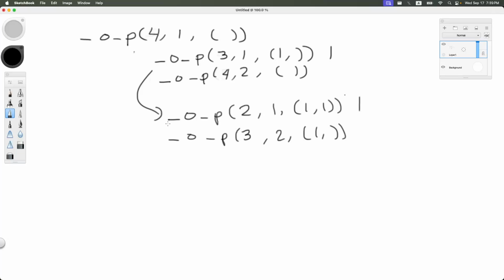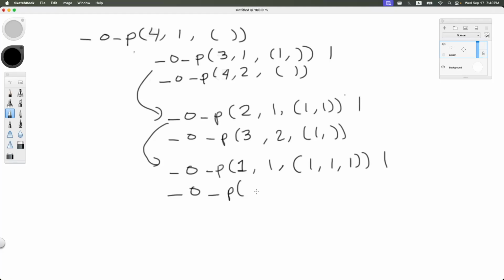Let's try to expand this one further. This will call on 1, 1, 1, 1, 1, or 2, 2, 1, 1.